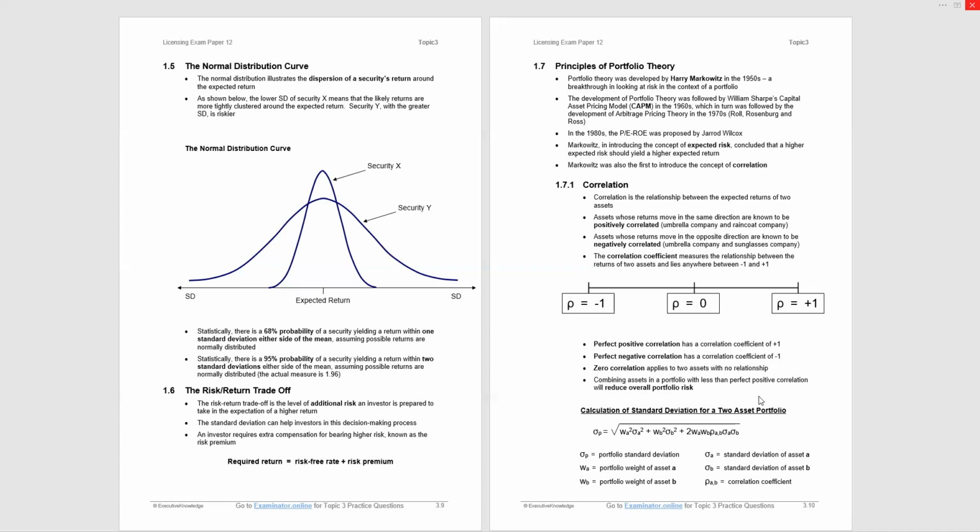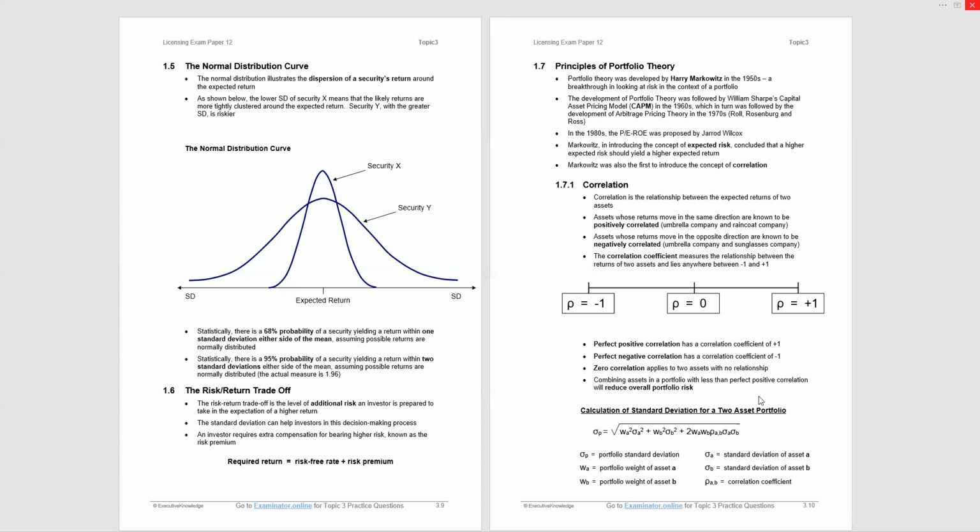So there's the spectrum, and we're using the Greek letter rho to signify correlation, and it can be -1, where you have perfect negative correlation, all the way up to +1, where you have perfect positive correlation. If you have zero correlation, then the two assets have no relationship at all.